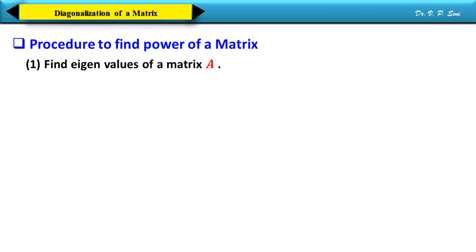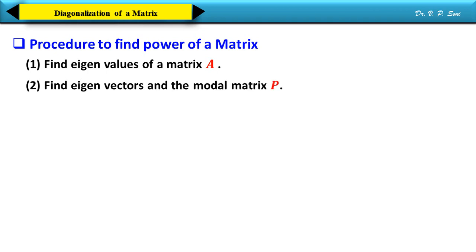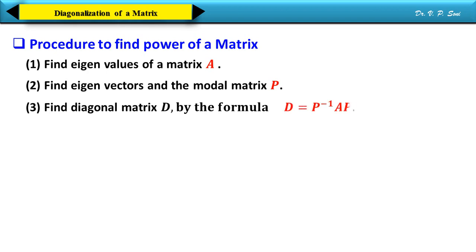Now, procedure to find the power of a matrix. First, find the eigenvalues of the matrix A. Second, find the eigenvectors and the model matrix P. Third, find the diagonal matrix D by the formula D equal to P inverse AP.